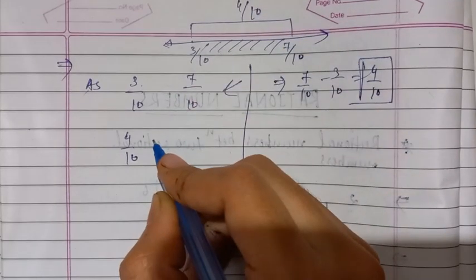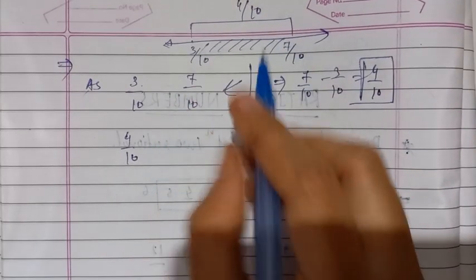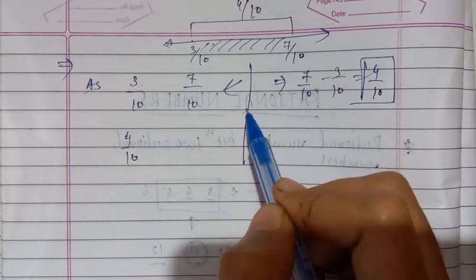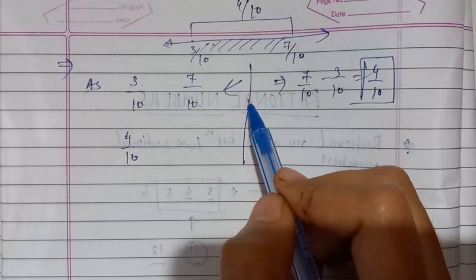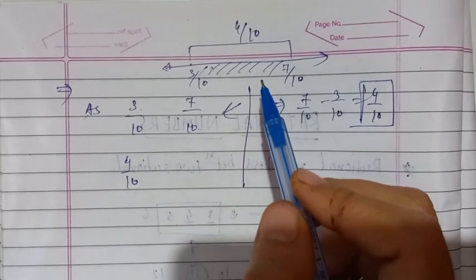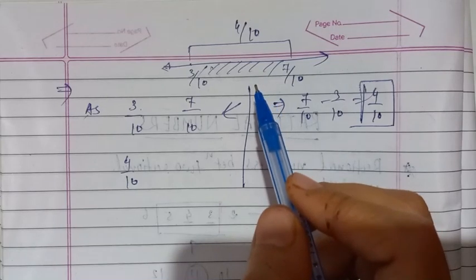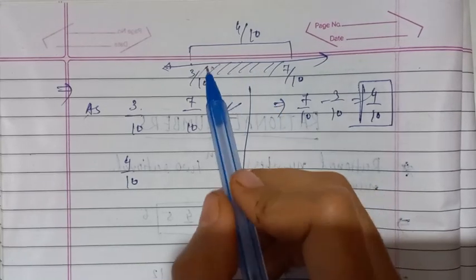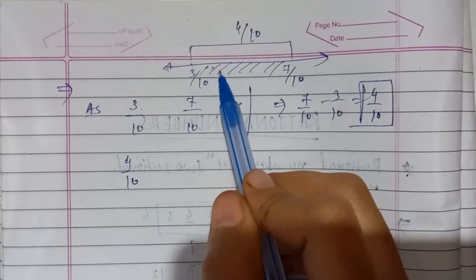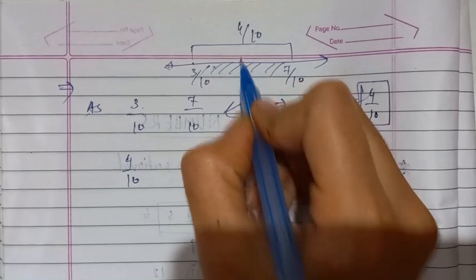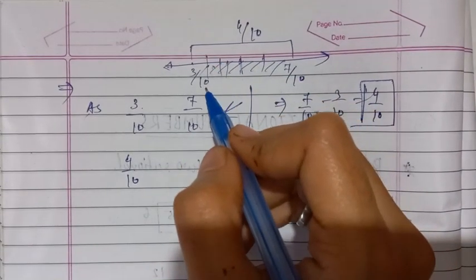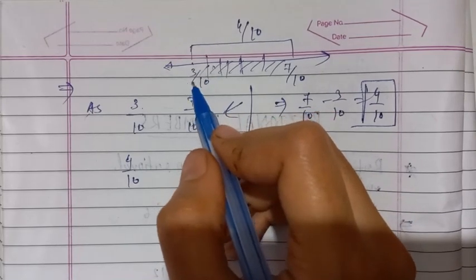Now, in how many parts will we divide this gap? Here we have not been given any question asking us to represent this rational number or that. We can divide it into so many parts: either two parts, or 3 or 4 or 5 or 100 or 1000. This is our choice.